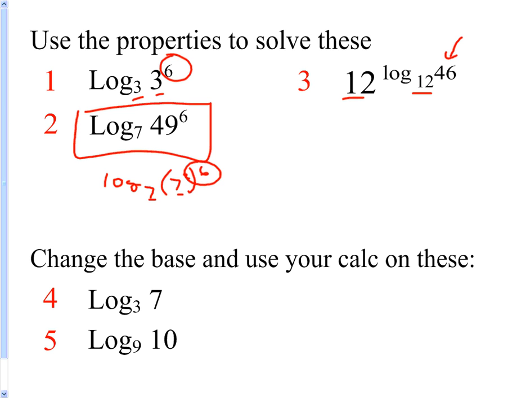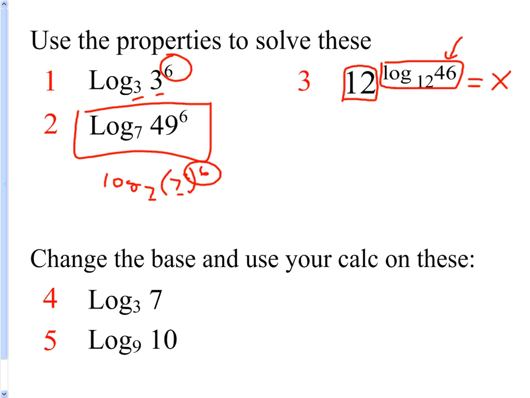True or false? True. The answer is 46. You could set that up and say equals x if you want to reason it out, and then you just have to remember that you can write any exponential like this, base to that exponent.